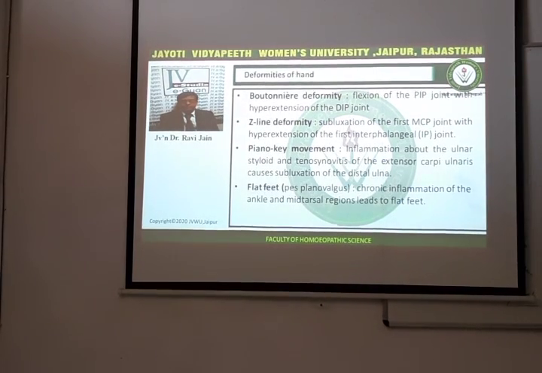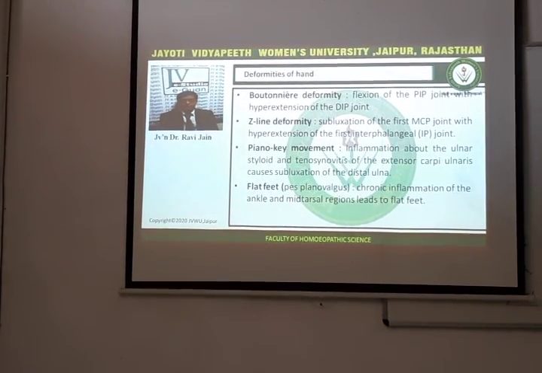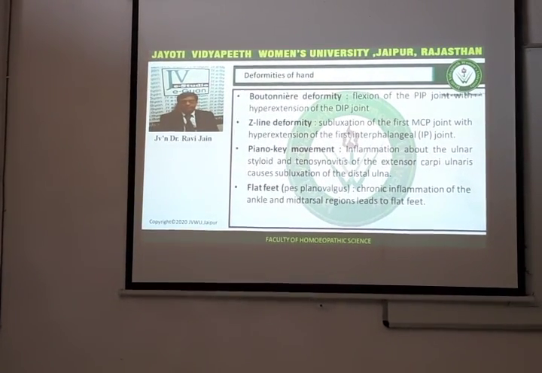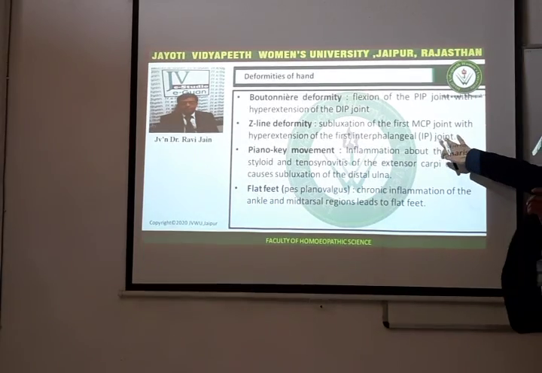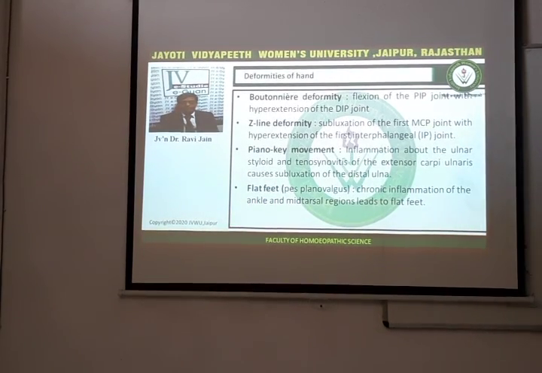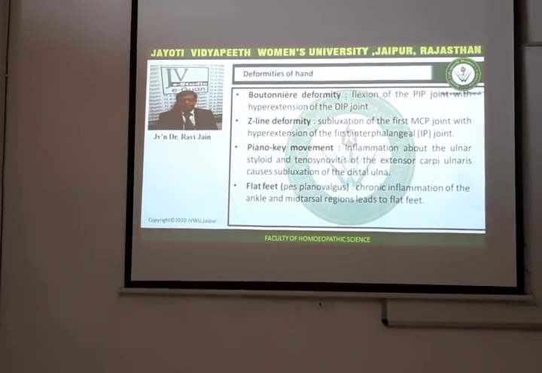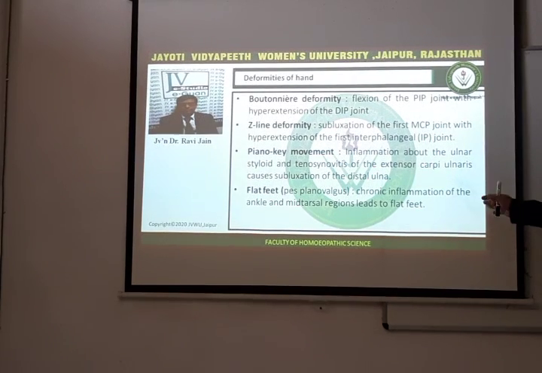Next we have Z-line. What is seen in Z-line deformity? There is subluxation of the first metacarpophalangeal joint with hyperextension of the first interphalangeal joint, so that gives the shape of the Z. Next we have piano key movement. What is seen in piano key movement?